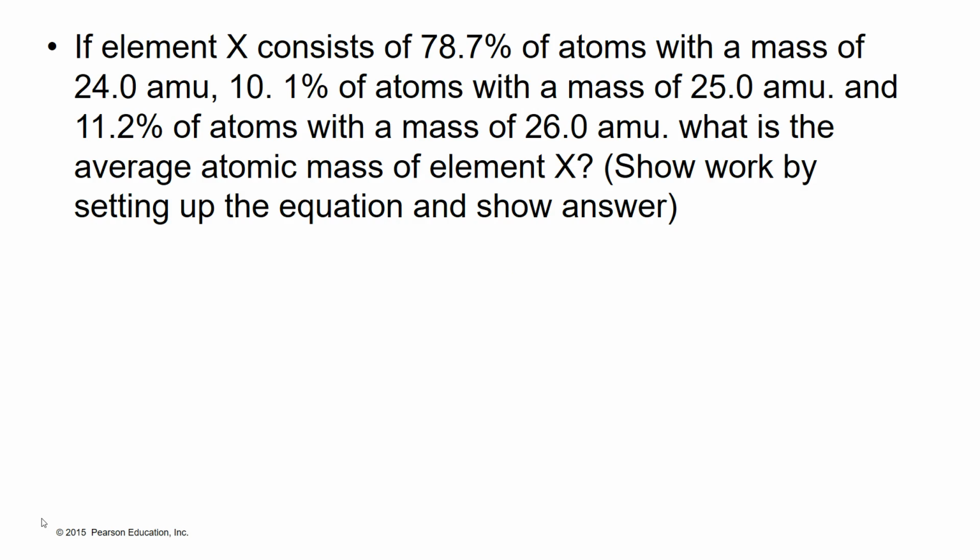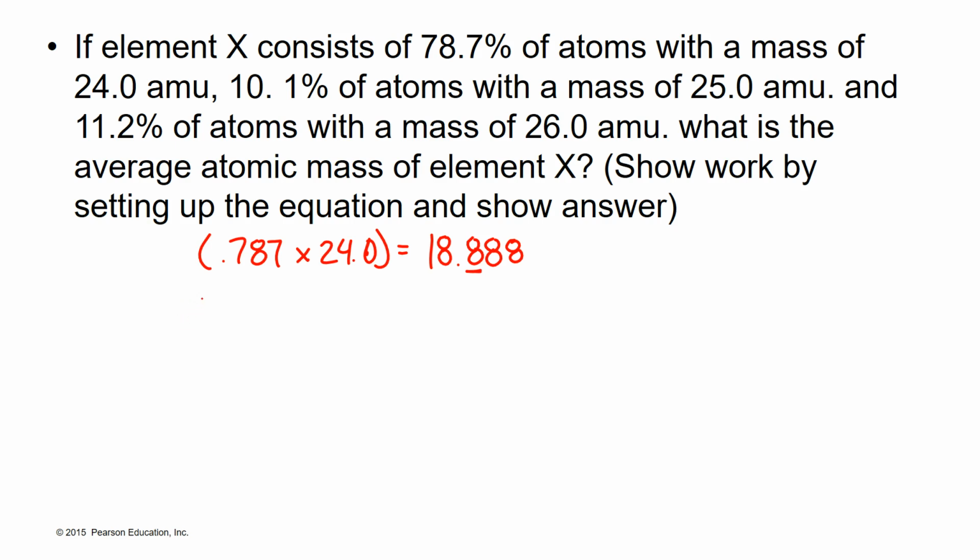So going through here, whenever I did my 78.7%, I have 0.787 times 24.0, I get 18.888. Since 3 sig figs, I know that's my precision mark on that one.